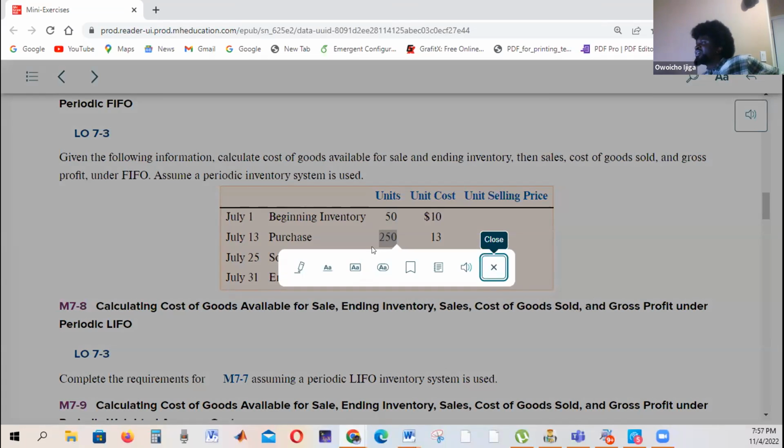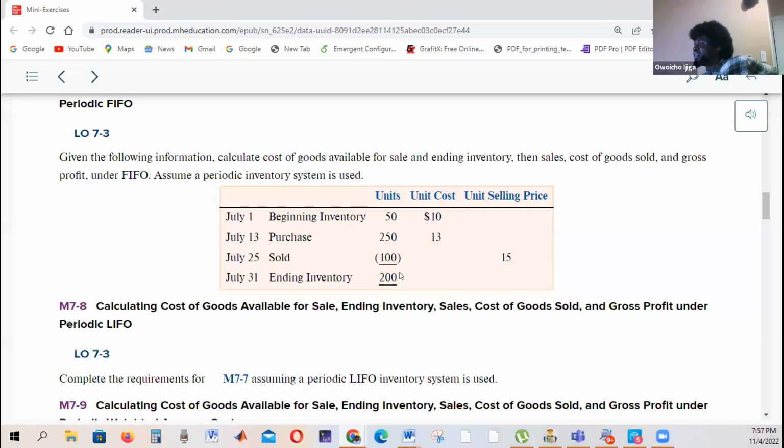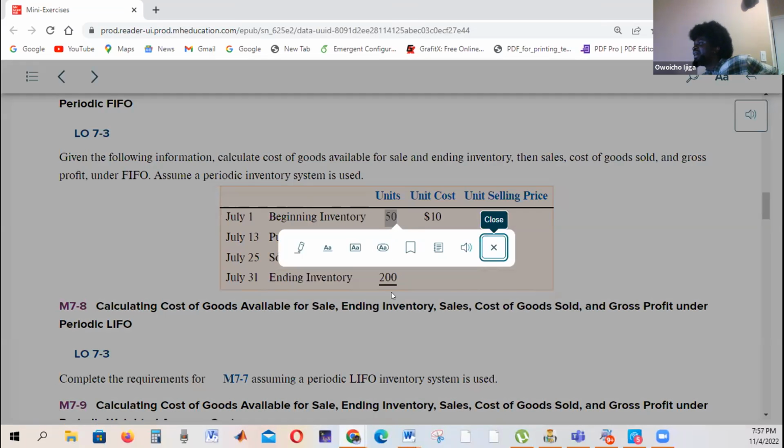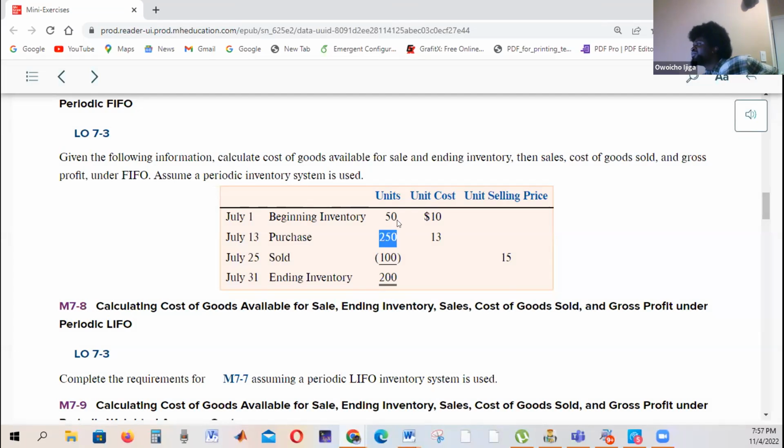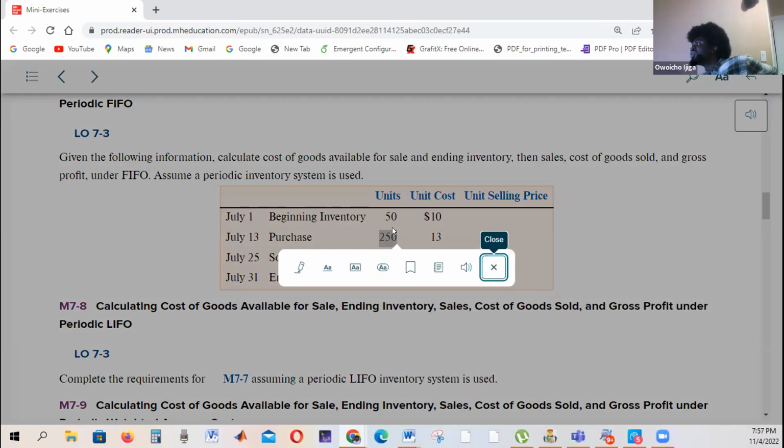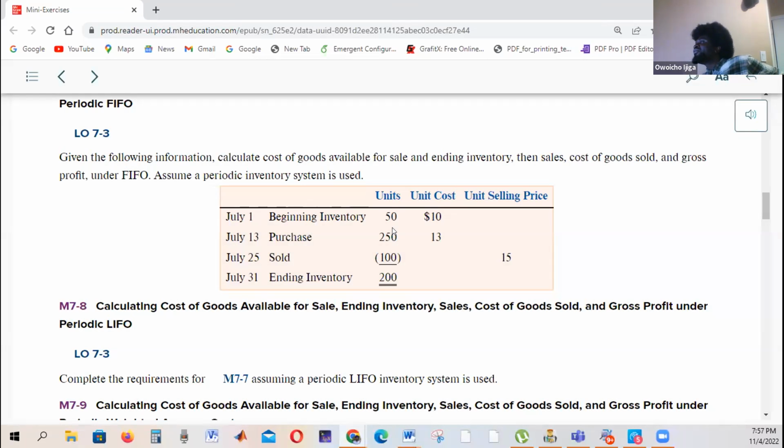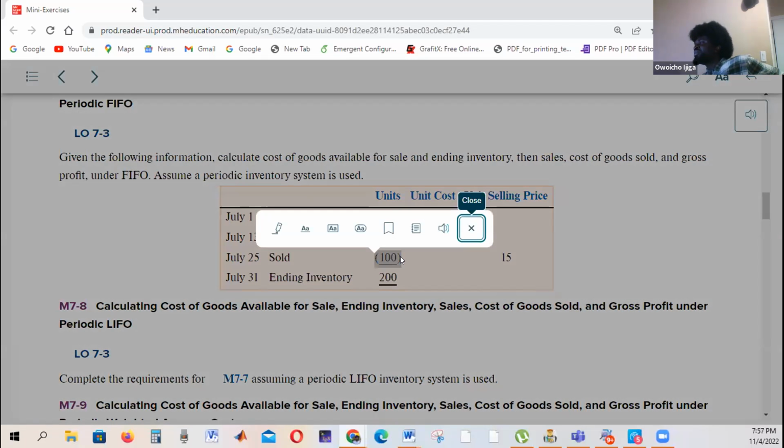I hope you understand this concept. I repeat it once again. If I have 50 bottles beginning, and then I buy an additional 250, I have 300 bottles available for sale. Now, FIFO says I sold 100 using the FIFO system.